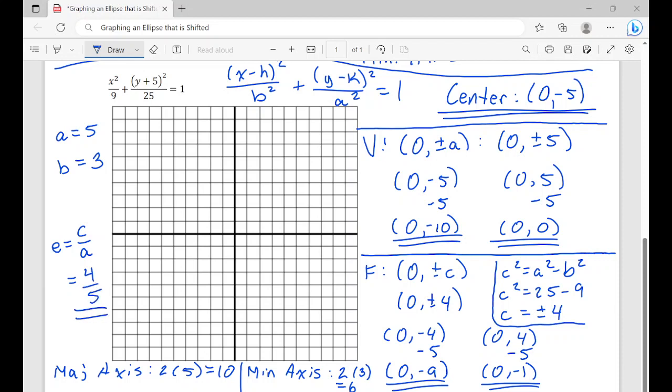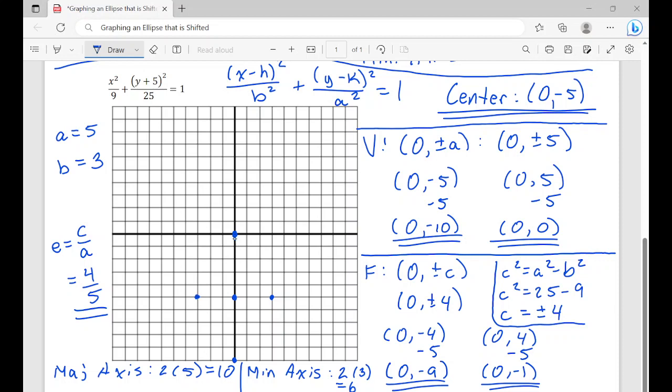And now that we got all of that done, we can actually graph this. So center, 0, negative 5. So 2, 3, 4, 5 here. Vertices at negative 10 and 0. So 0, negative 10. And then the b value is 3. So from the center, we can go left and right 3 spots. So 1, 2, 3, and 1, 2, 3.